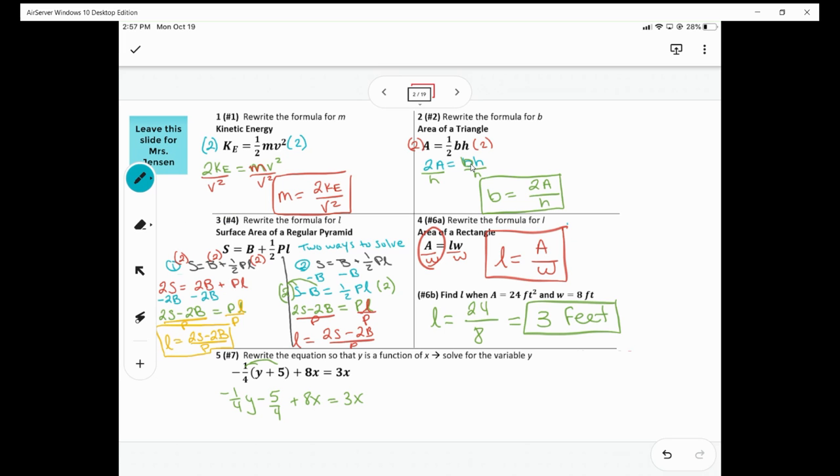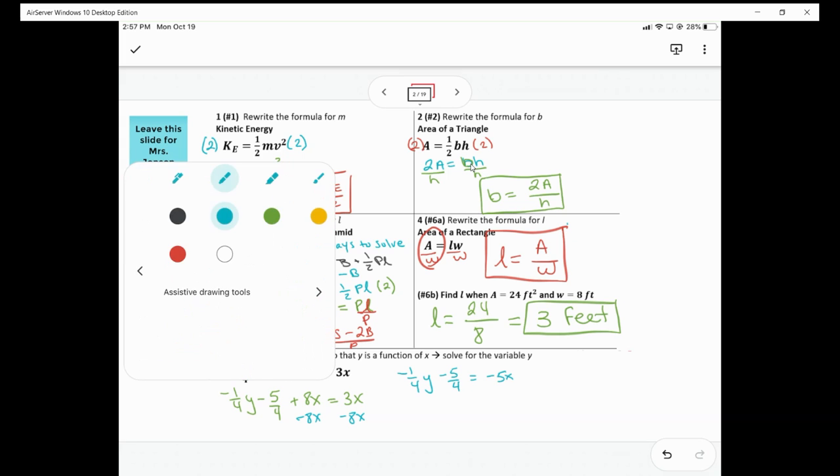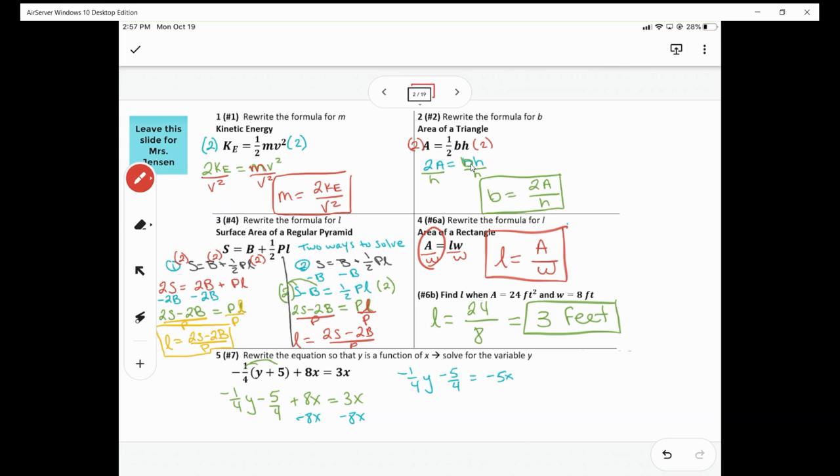I then opted to subtract 8x from both sides. And now I want to go through and eliminate these fractions. So if you notice, the coefficient of y is negative 1/4, and I want to solve for y.